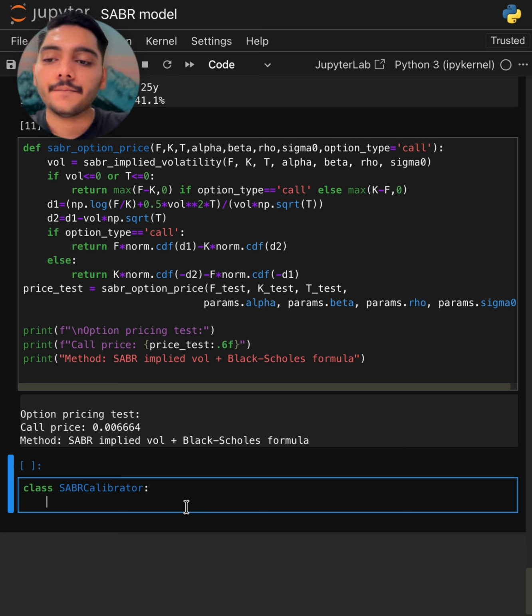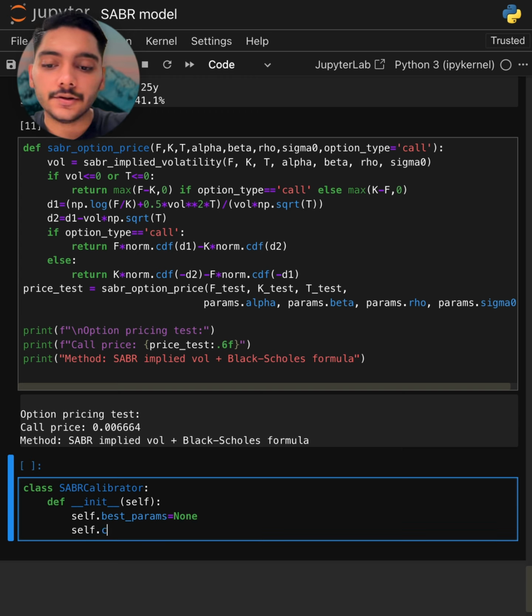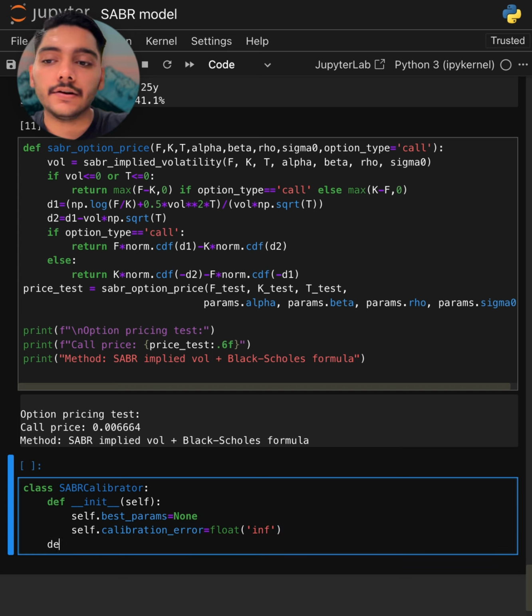So let me first init, and self dot best parameters is equal to none, and self dot calibration error to float infinity.